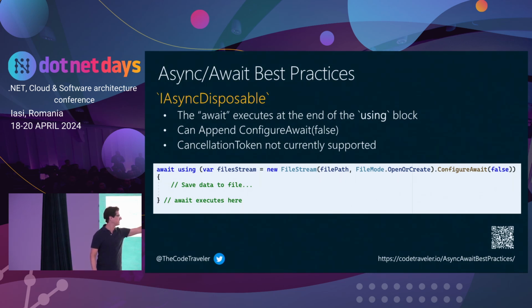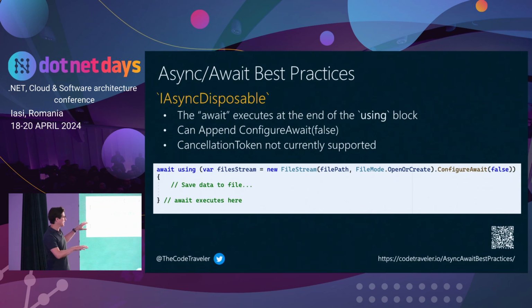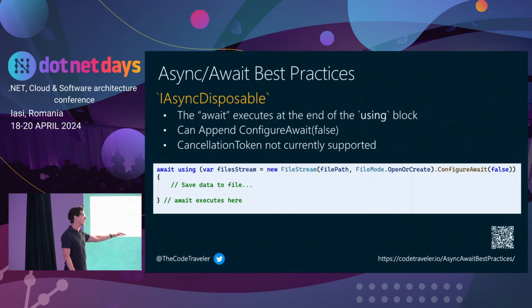So this is really nice because certain objects like file stream, you have these big memory buffers. So when you dispose of a file stream, it's going to take a bit. And now with async disposable, we can do await using. And again, we can still use configure await false, so you can see it tacked on at the end. But I wanted to cover this because the syntax is a little funny looking, right?